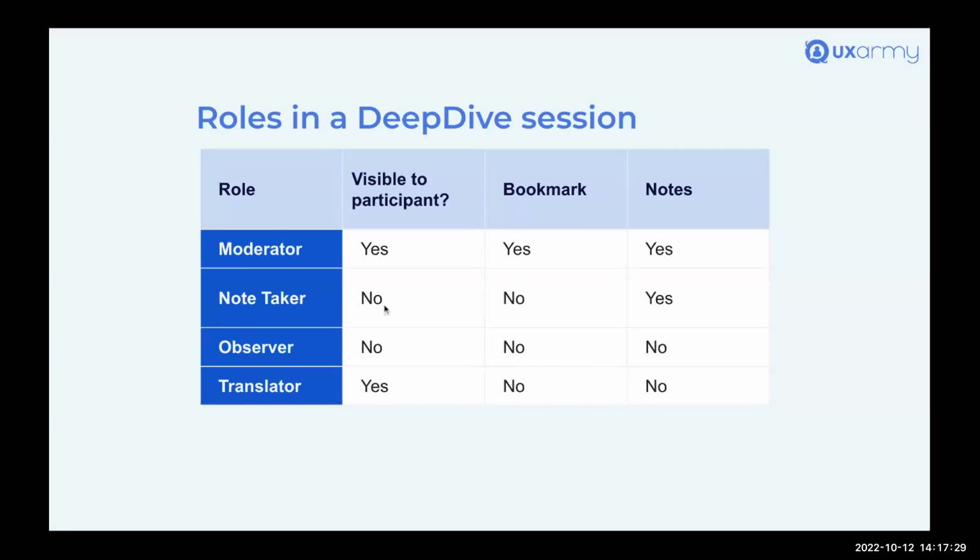For note taker, will not be visible to participants, so participants don't know who is the note taker and observer, but participant will know the translator. But then the translator cannot bookmark or do notes in the session.